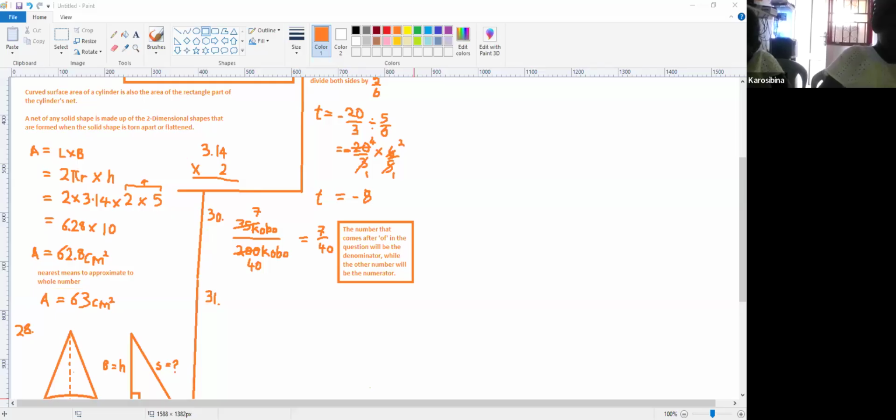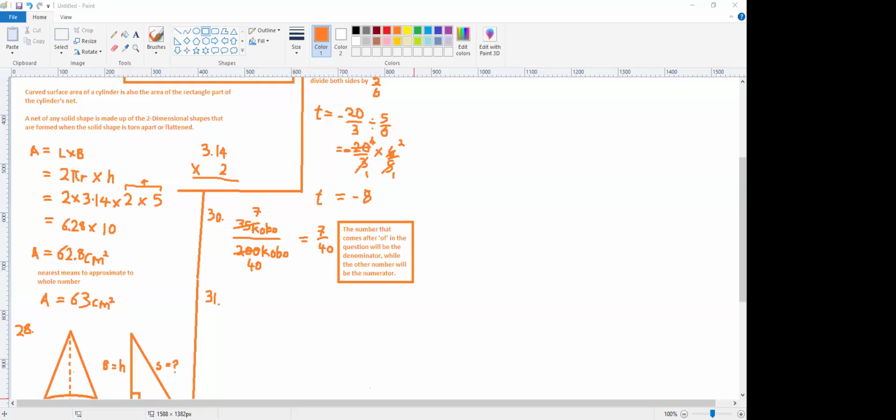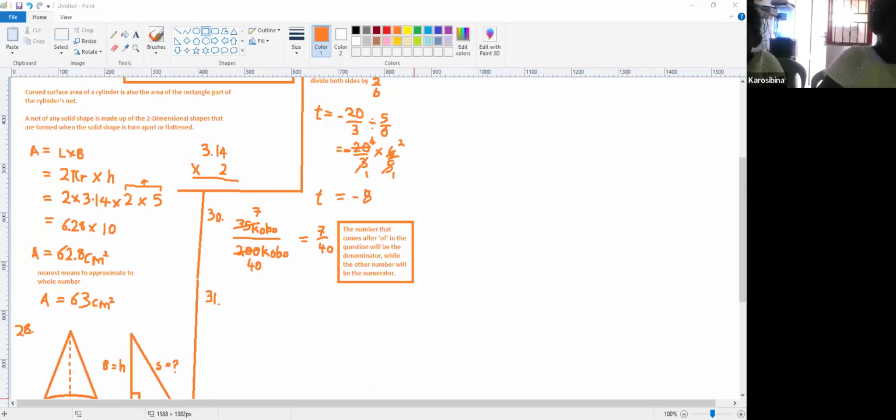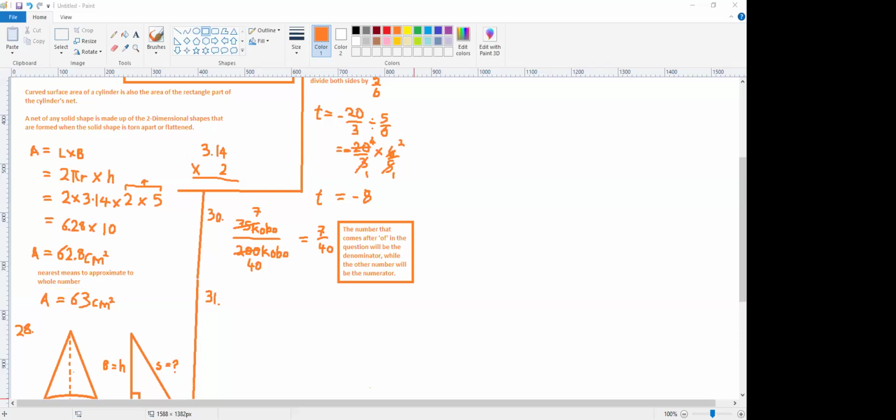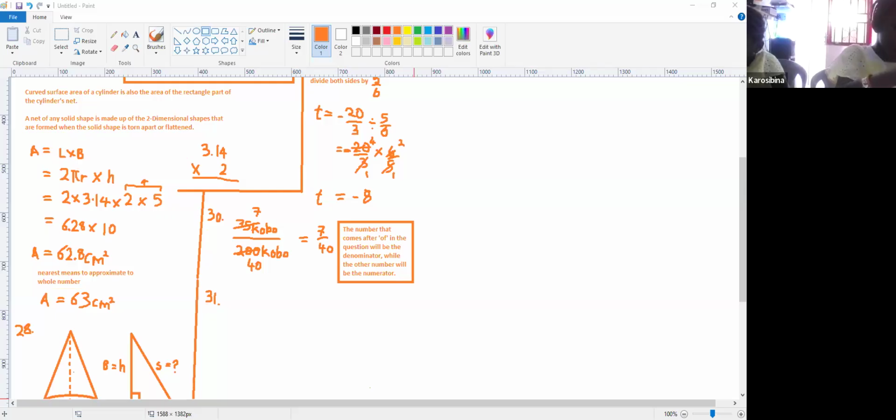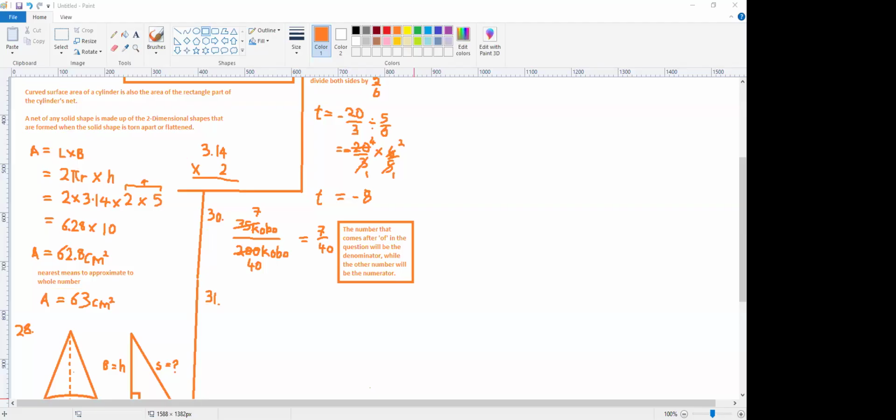Took part in a race. All three started the race at the same time. The distance to be covered was 300 kilometers. The average speed of the three motorists: Adu, 80 kilometers per hour.